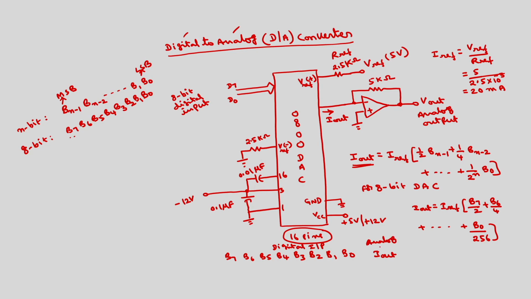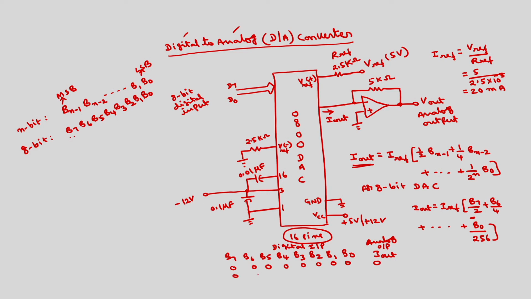This is analog output, which is current here. So if this is 0 0 0 0 0 0 0 0, if I substitute these values here, if all are zeros regardless of I reference, you will get current as 0.